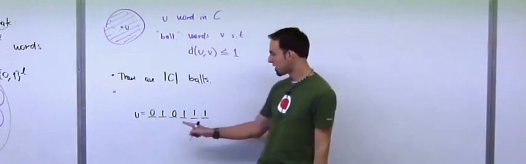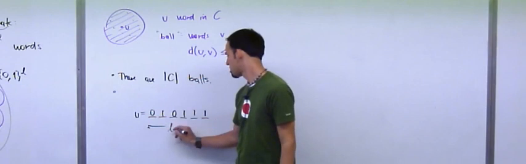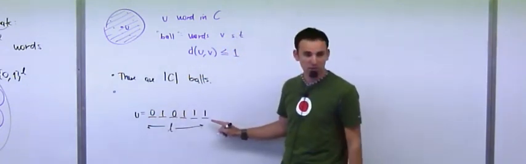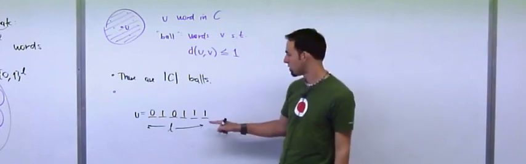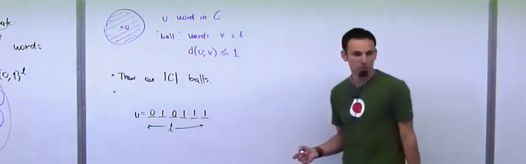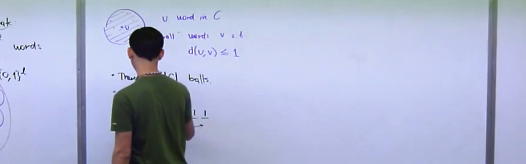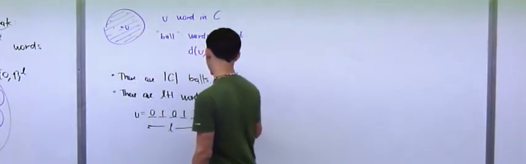There's L bits here. So either you flip one of the bits, you choose which one, there's L possibilities, or you flip none of the bits, which is 1. So in total, you have L plus 1 words in this ball. There are L plus 1 words in each ball.